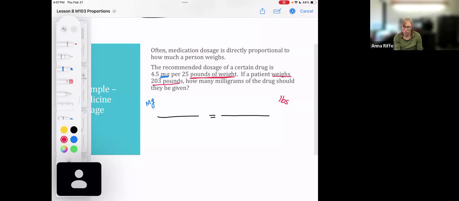Great. Yeah. So it looks like you're all already trying this one. I'll give you another couple minutes. If you haven't started working on this, give this one a shot. Setting up the proportion is kind of the second half of this. Okay, good.